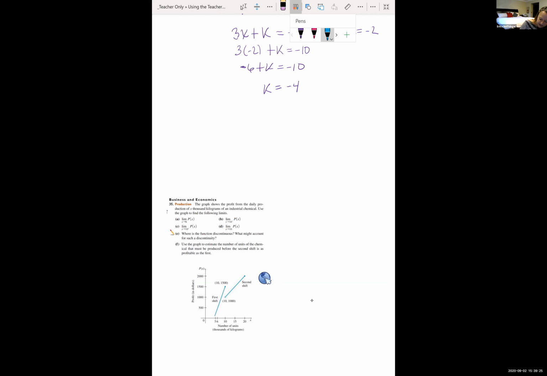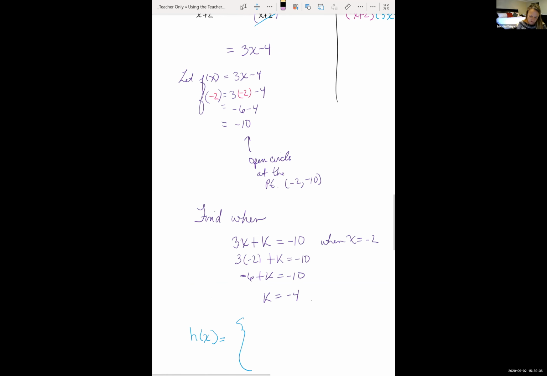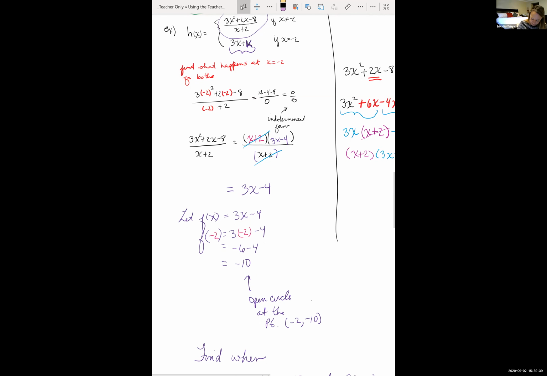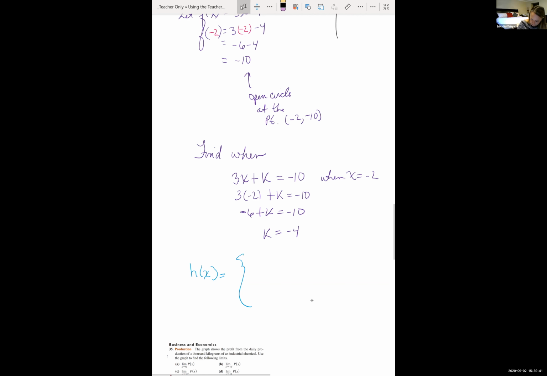So if you have h of x equal to, our top function, 3x squared minus 2x minus 8, all over x plus 2, if x doesn't equal -2.